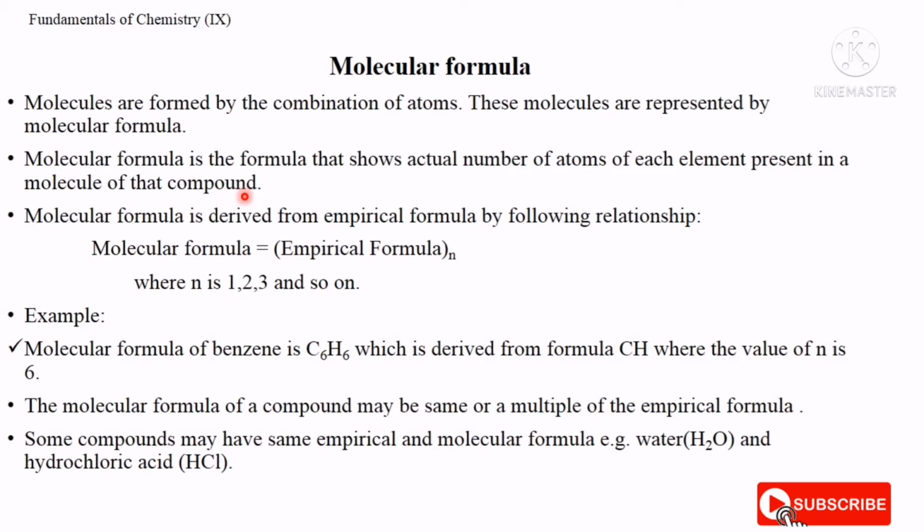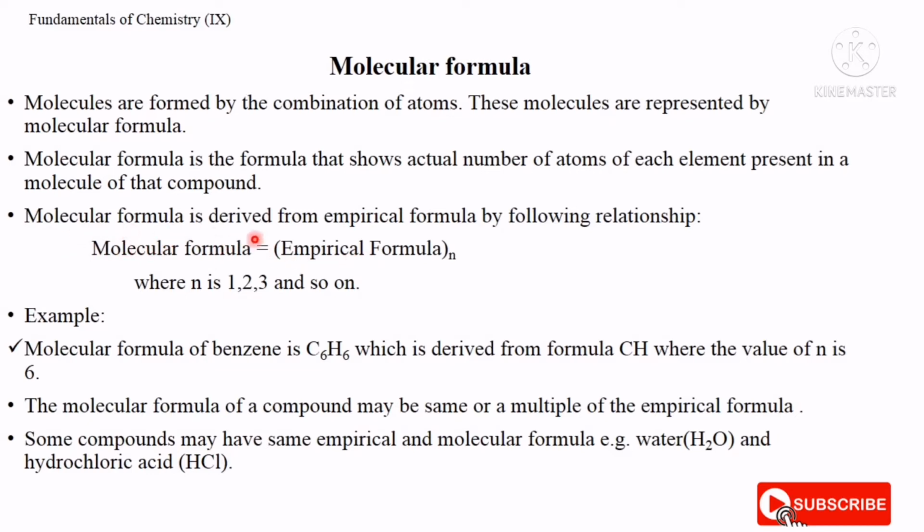We learned in the last lecture that the empirical formula shows the simplest whole number ratio, whereas the molecular formula shows the actual number of atoms of each element present in a molecule of that compound. What is the relationship between the molecular formula and the empirical formula?